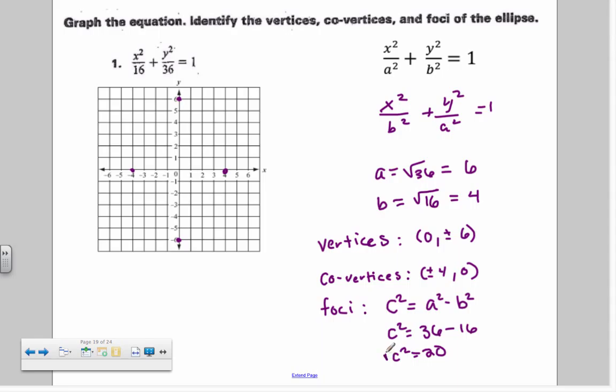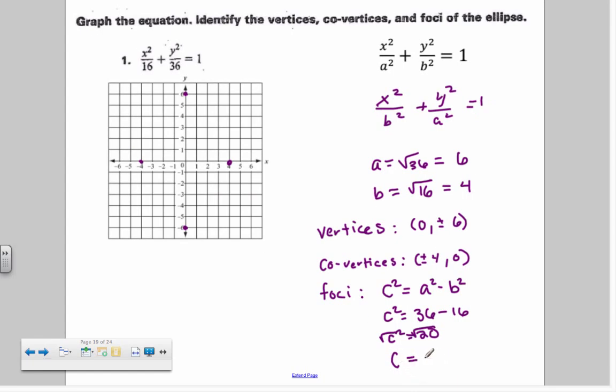Taking the square root of both sides, c equals the square root of 20. Simplified, that becomes the square root of 4 times the square root of 5, which is 2 square root of 5. Plugging 2 square root of 5 into my calculator, I get about 4.47.